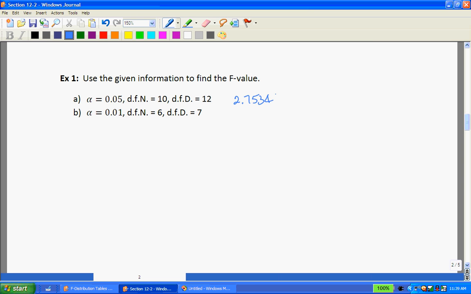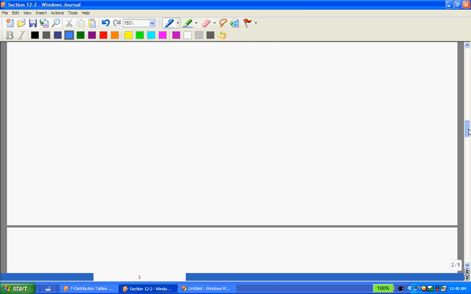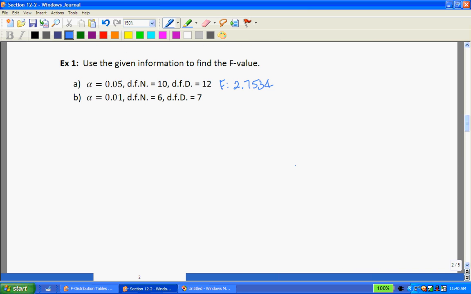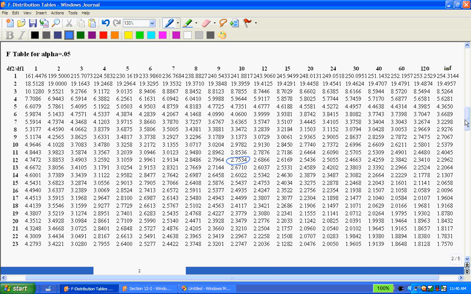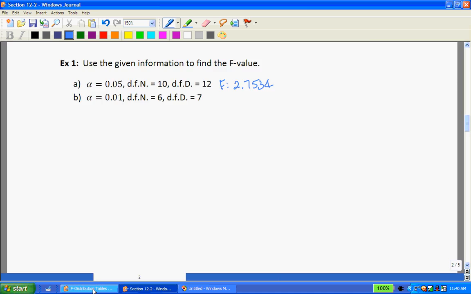Okay, let's try another one. Alpha is 0.01, so this is the F value, let me say that. Degrees of freedom numerator are 6, and degrees of freedom denominator are 7. So first I have to identify the table, so I need 0.01 this time.